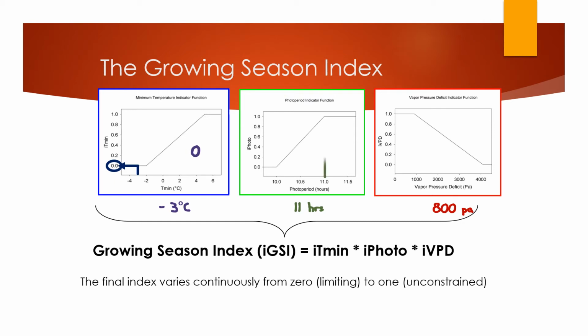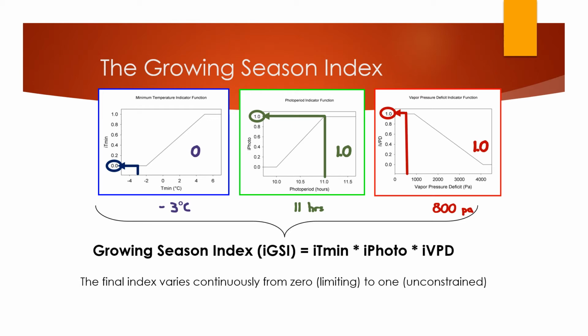And even though our photoperiod is at 11, which would give this value 1.0, and a vapor pressure deficit indicator that was right here, which would give it a value of 1.0 as well.